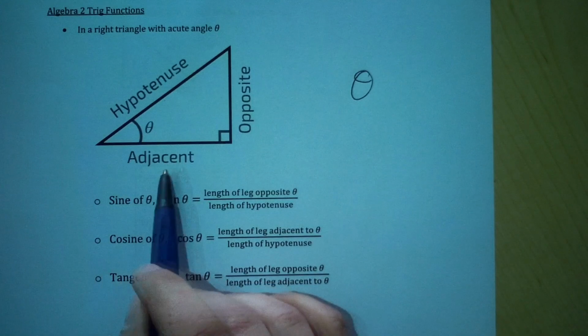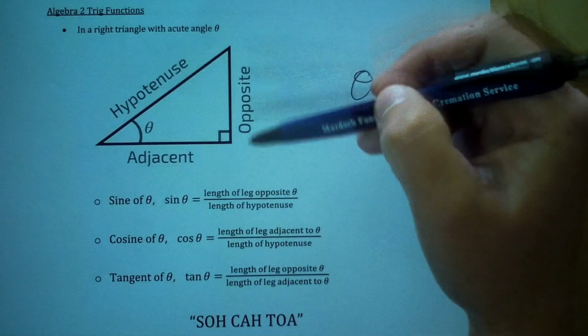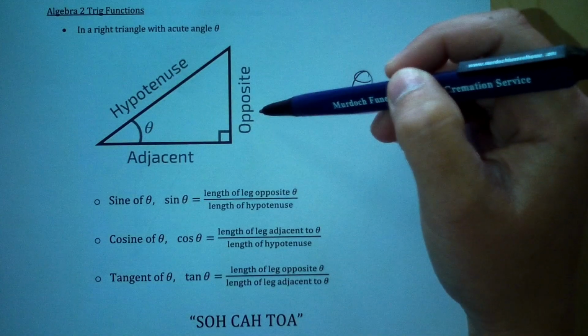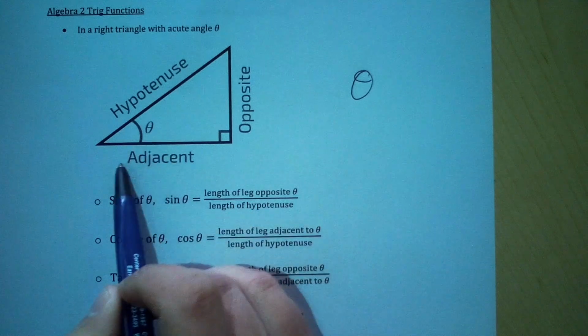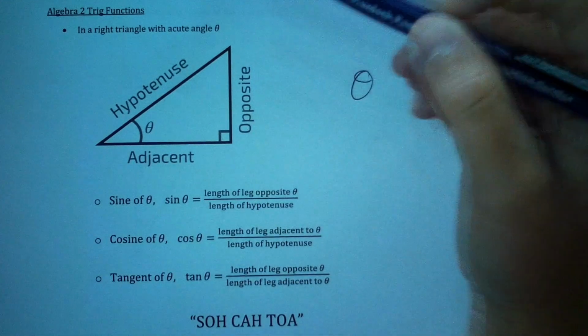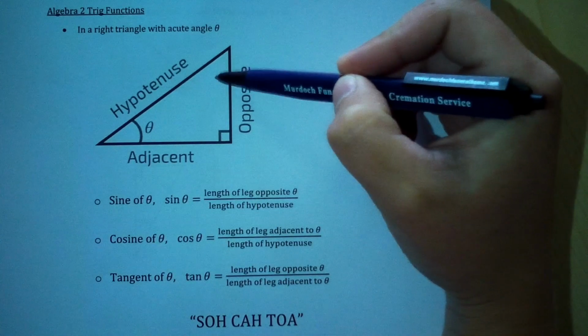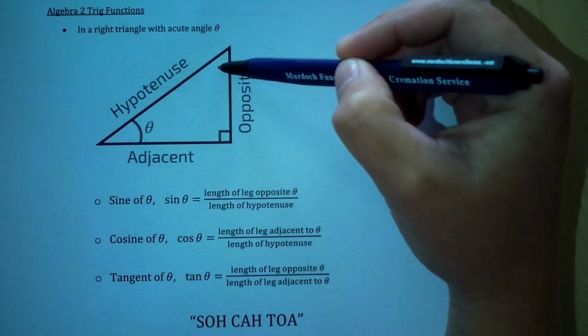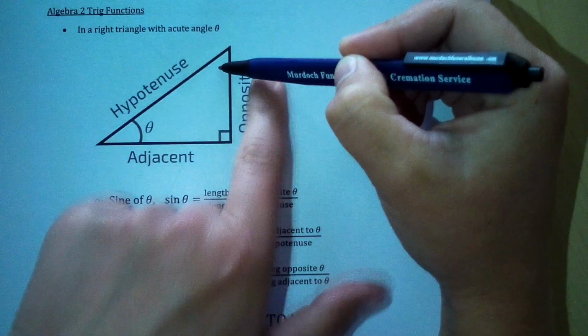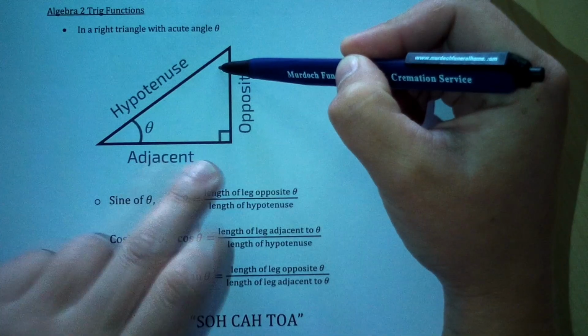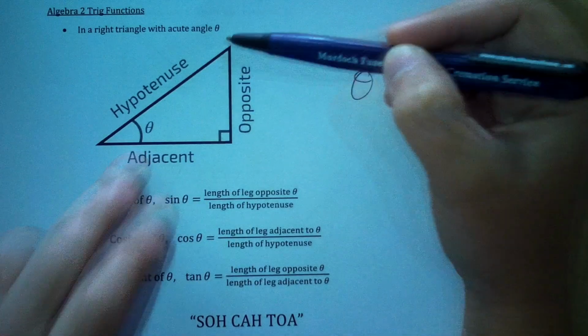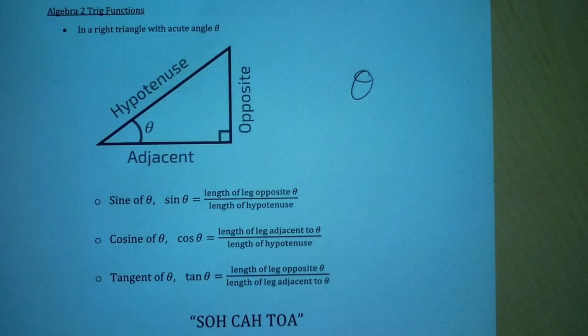So if our angle is here, this is adjacent, this is opposite. Say I moved my theta up here and I was looking at this angle instead. This side would switch to adjacent, and this side would switch to opposite. So depending on what angle you're talking about, the one across from it is always opposite, the one touching it is adjacent, and the one opposite the 90 is always the hypotenuse.